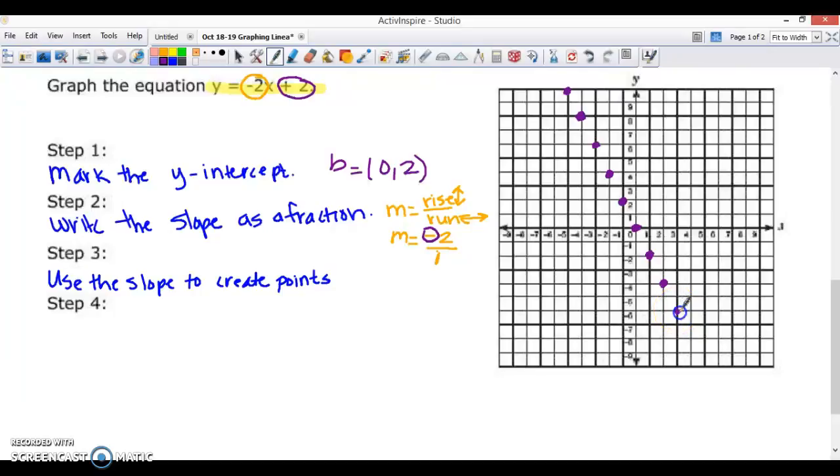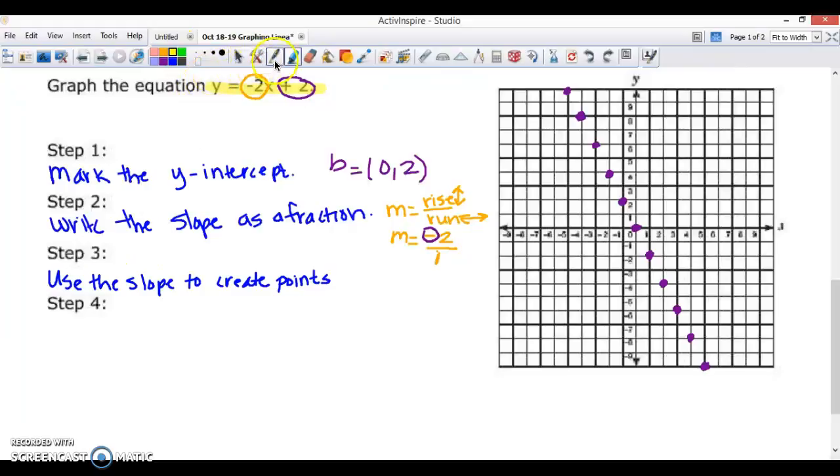Now, your line will come out to be perfectly right if you know how to tell where the slope is and if you know how to tell where the y-intercept is. And the other trick is to know how to graph the y-intercept, knowing that the y-intercept specifically is on the y-axis. Okay?